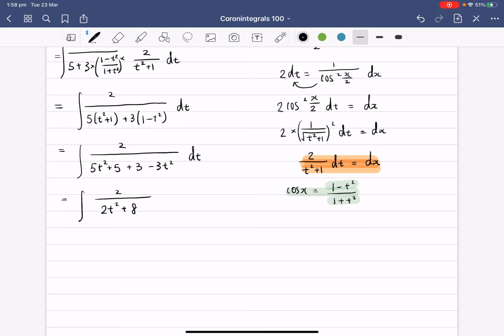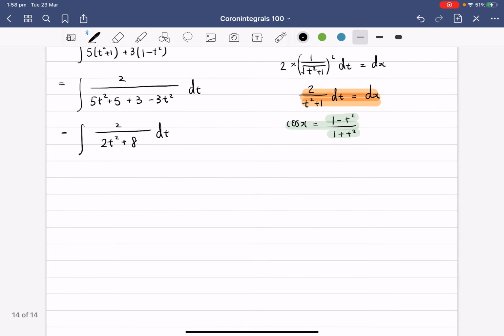So that's pretty easy to do now. The next step, simplify the numerators and denominators. We'll get 1 over t squared plus 4 dt. And that's just the formula we need to use to integrate. It's going to be the inverse tangent: 1 on 2 tangent inverse t on 2 plus c.